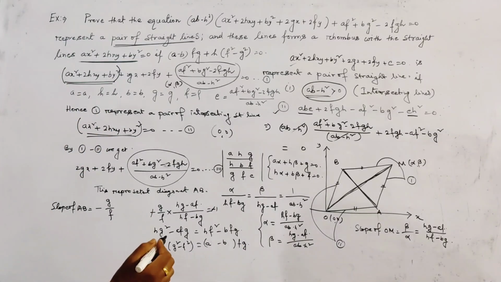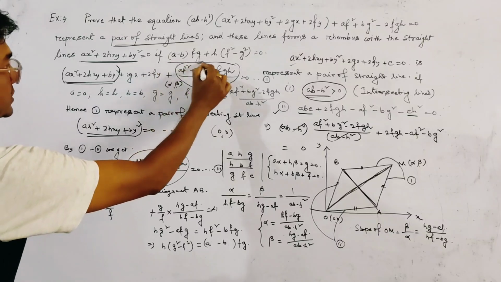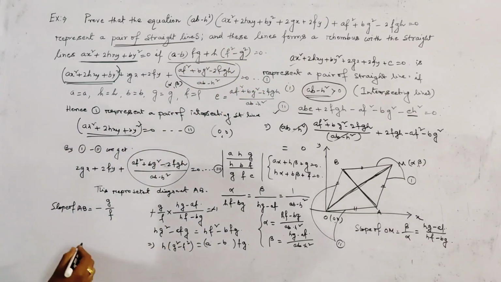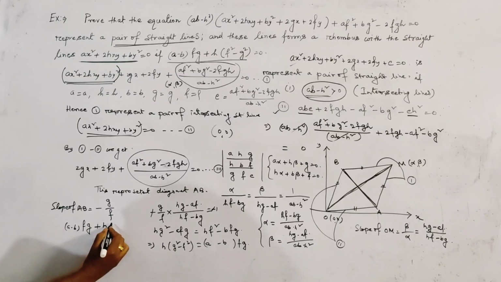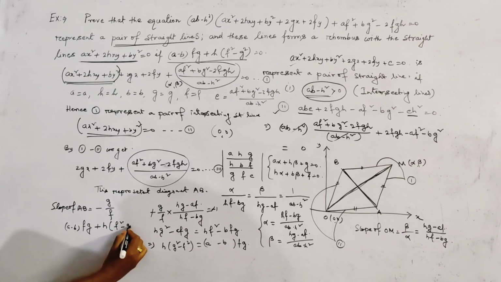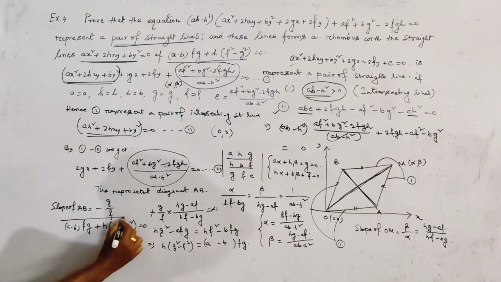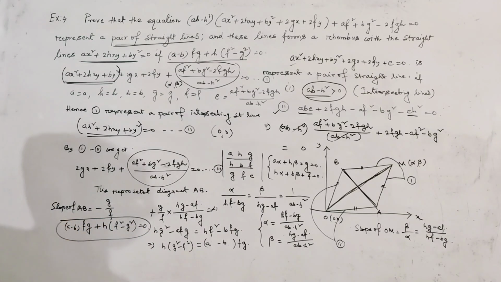Obviously, this is nothing but the condition a minus b into fg plus h into f square minus g square equal to 0, and this is our required result that we wanted to prove here.